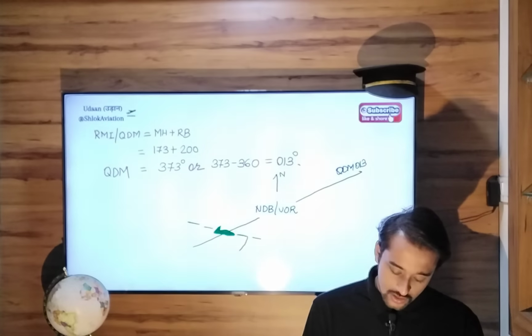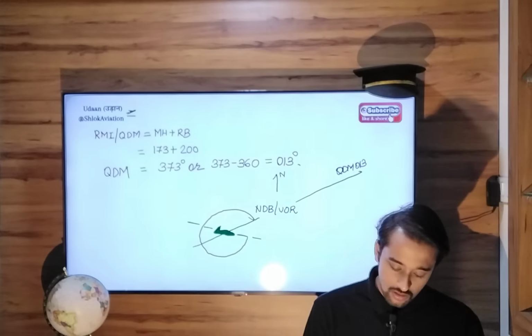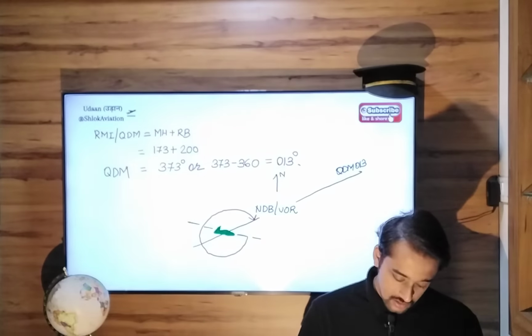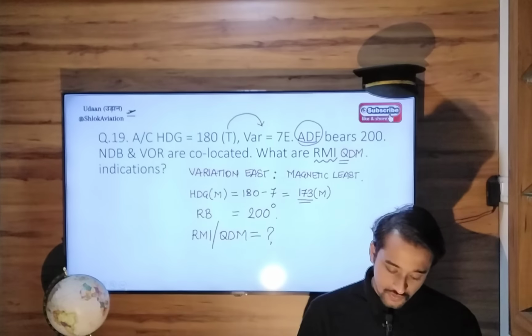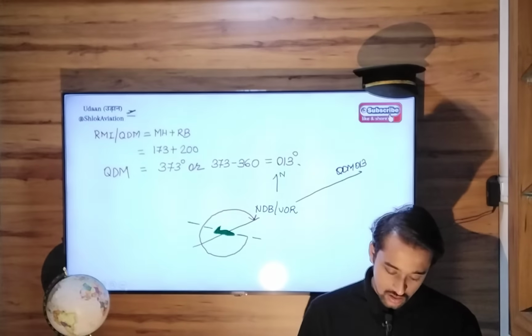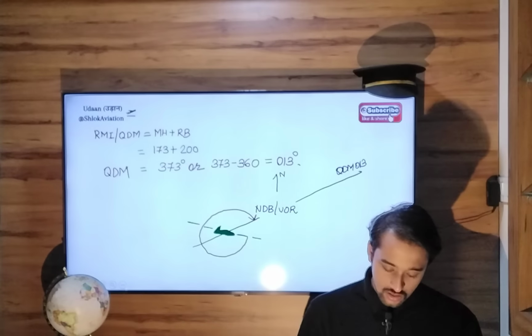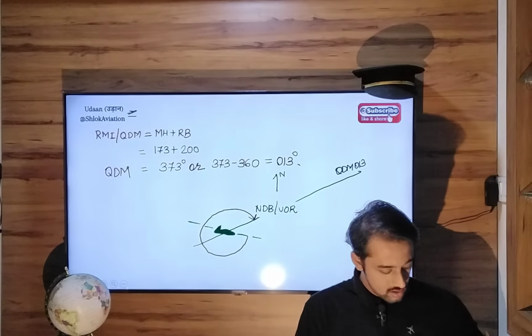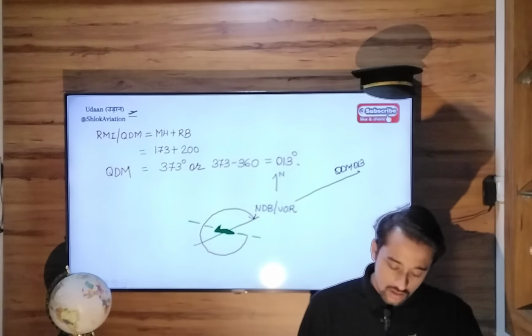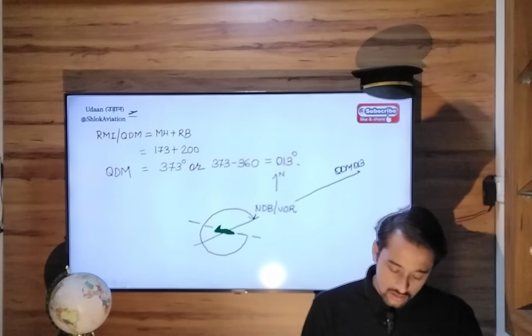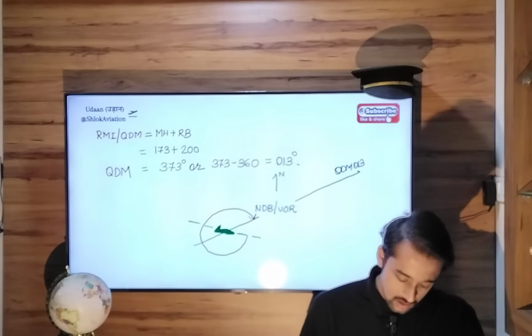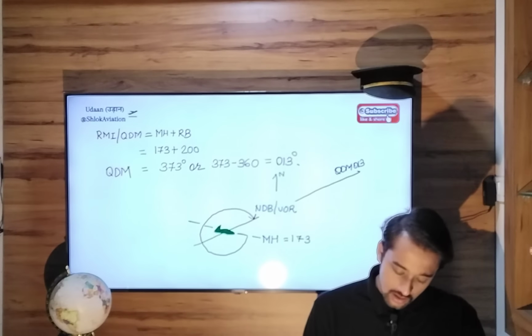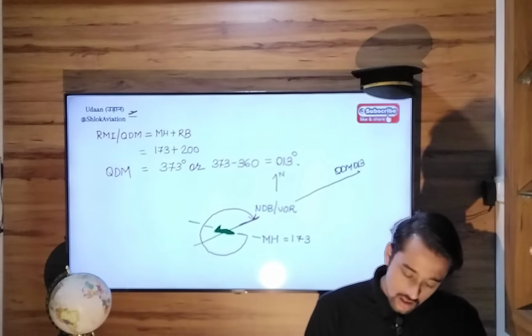So magnetic heading is 173. Track towards the station is 013.